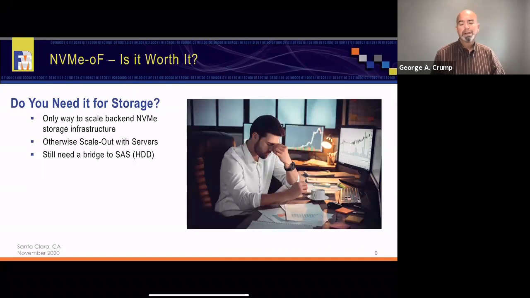So the bigger question, at least for me, because I'm a storage guy, is do you need it for storage? Well, I think it's really the only way to scale back-end NVMe storage infrastructure without having to go to a scale-out server or storage node type of infrastructure.